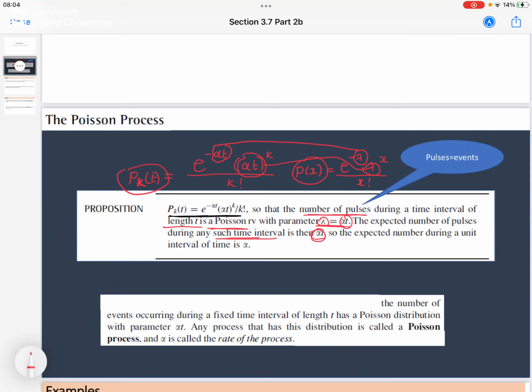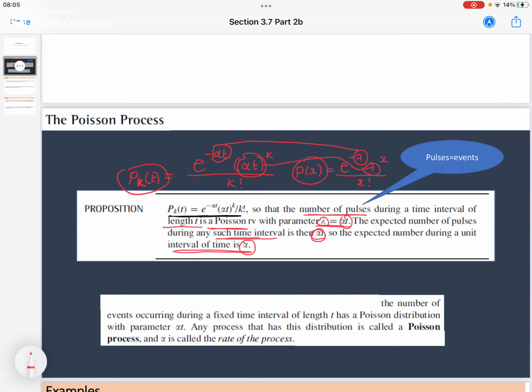That t represents time, or some interval or length of time. So the expected number during a unit interval of time is alpha. For one unit interval of time, the expected number of pulses, events or successes is alpha, and the expected number at any time will be given as alpha t.